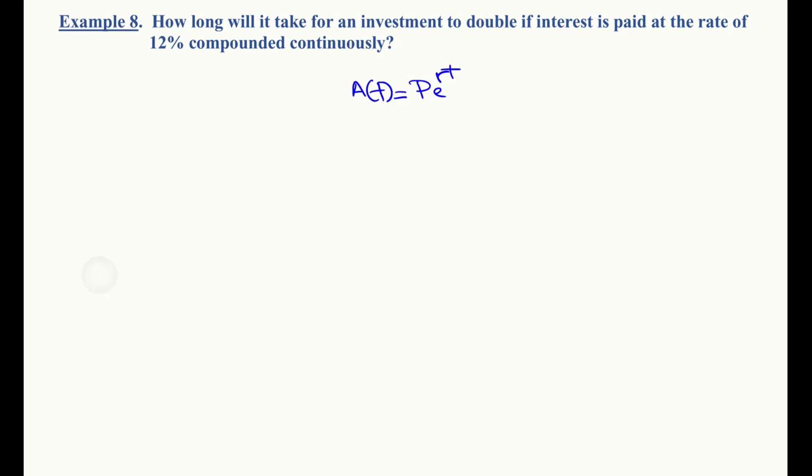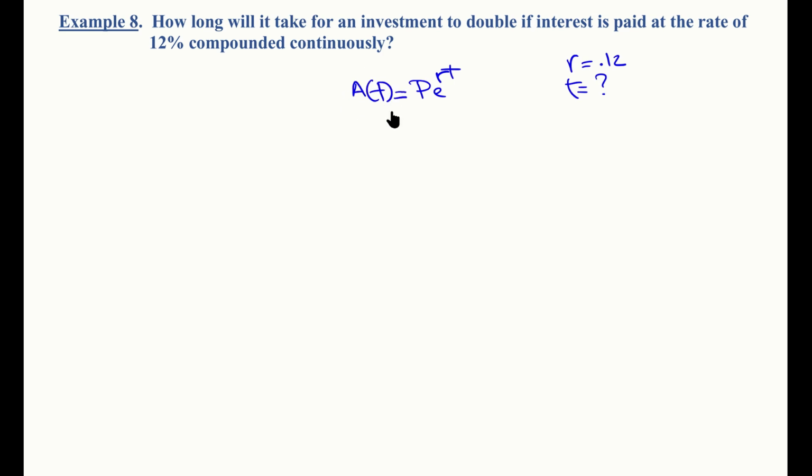Now, we can see R is 12% or 0.12, and we don't know the T. T is the unknown, and we don't know the principal, do we? But we do know one thing. We know a relationship between the present value or principal and what we want the future value to be.